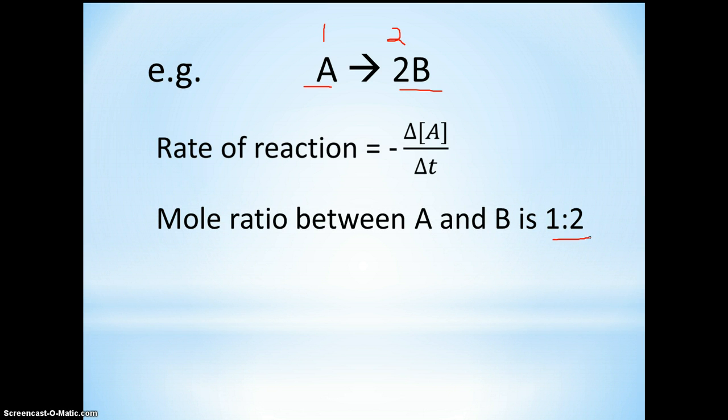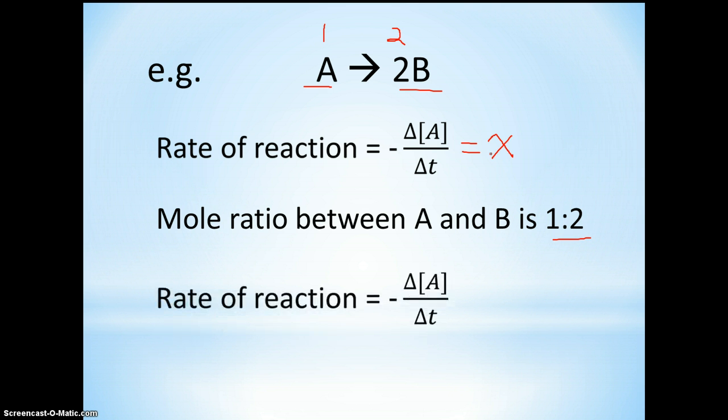Just as we have mentioned, the mole ratio is 1 to 2. So when we know the rate of reaction of A is, say, a value of X, we have to use the mole ratio to calculate the rate of change of B. If I have 1 mole of A, then I will produce 2 B. That means the rate of reaction calculated by B will be twice as fast as A. So we have to multiply this number by 1.5.